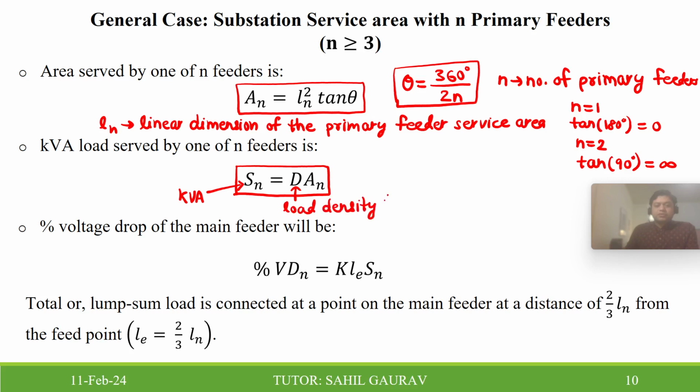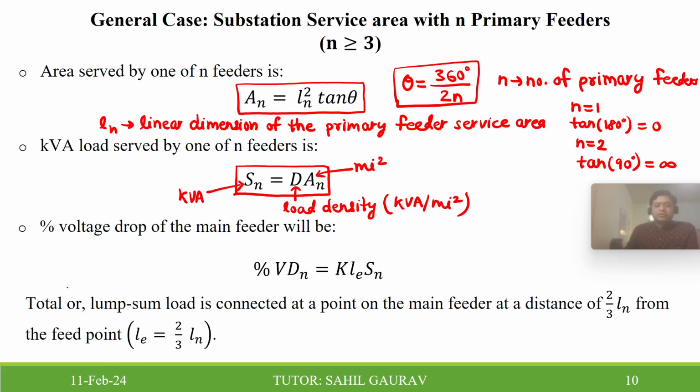Load density unit is given by kVA per square mile or kVA per square kilometer, and area unit is given by square mile or square kilometer. So this is the kVA load served by one of n feeders.